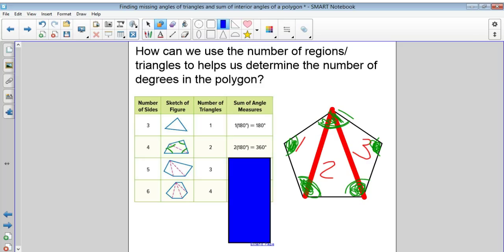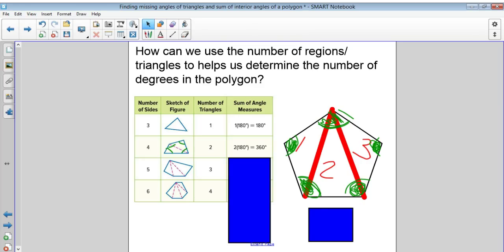And we know that. When I have a square, it's 90, 90, 90, 90. Everybody knows those are 4 90-degree angles. 90 times 4 is 360.